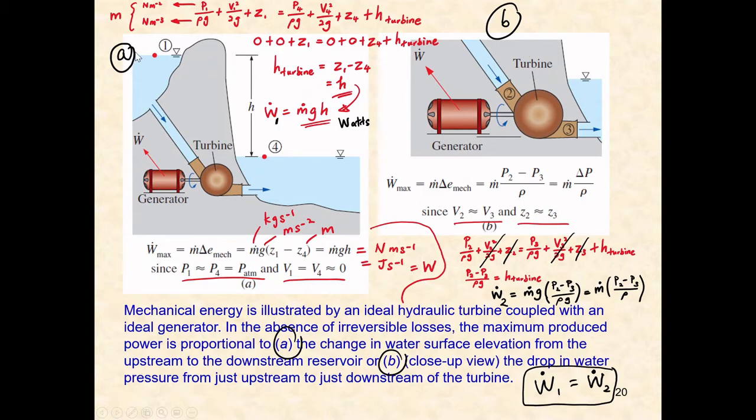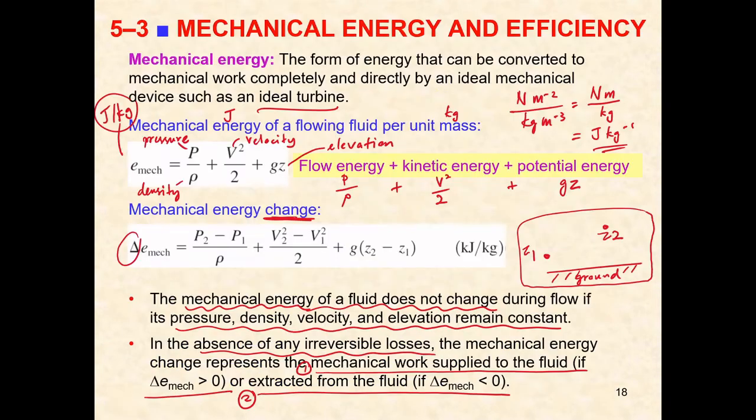If you look into the previous equation, you have the mechanical energy of a flowing fluid per unit kg. What I want to do is divide this equation by gravity.